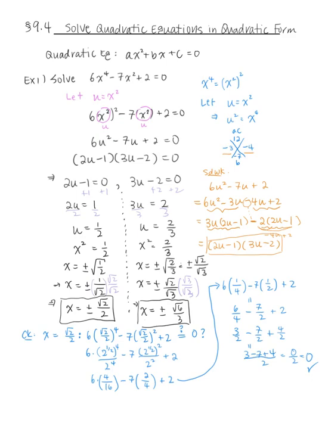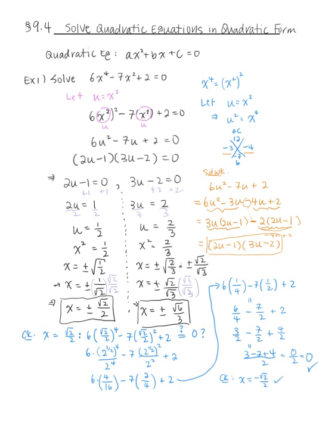Now, if I have to check when x equals negative root 2 over 2, do you see that we're going to get the same result? Because if I raise a negative to the fourth power and a second power, they both become positive. So just to save our time, I'm going to include x equals negative root 2 over 2 as part of our solution.